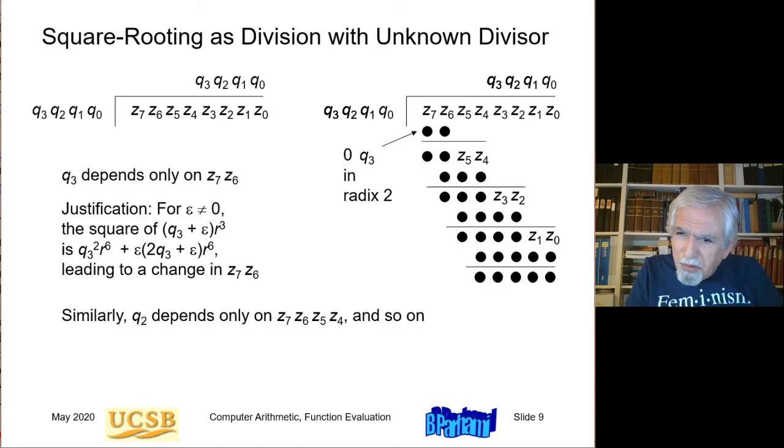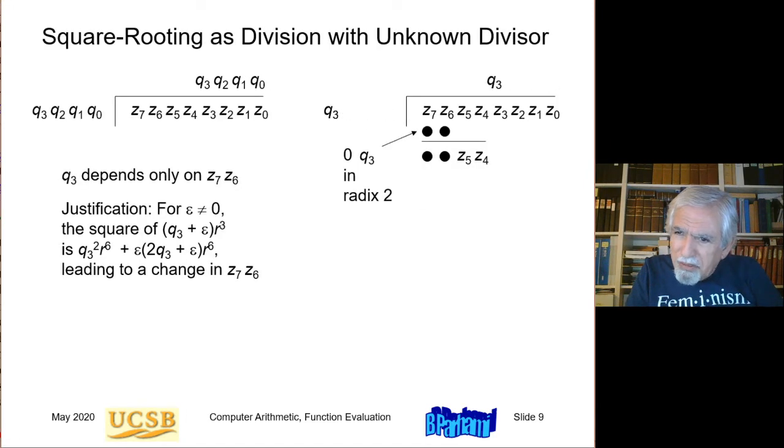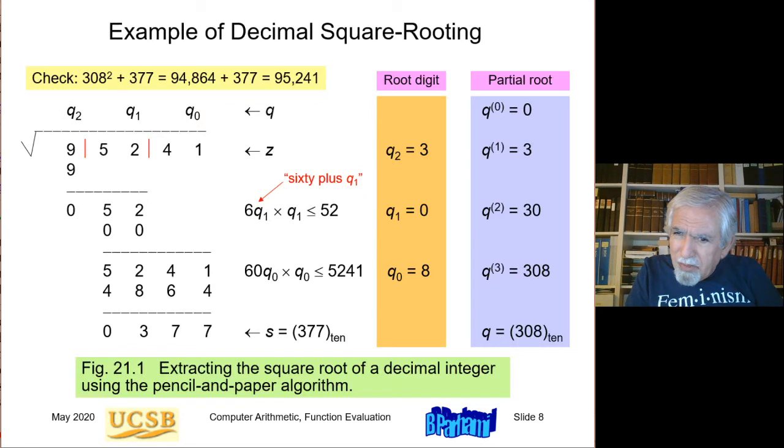So to make sure we understand this, let me go back to that slide where we did. Okay, so here it is. Double the partial root 6, attach a digit to it such that 60 plus q1 times q1 is less than or equal to 52.